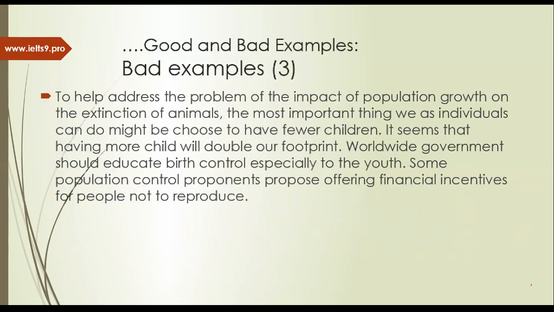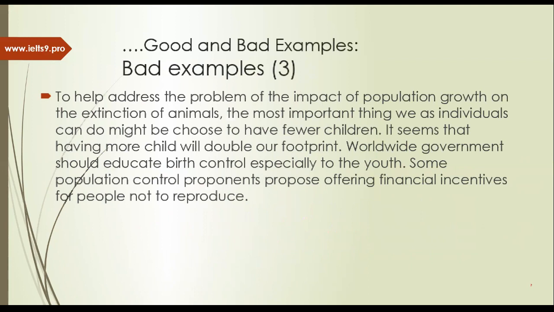Okay, now let's take a look at another bad example. To help address the problem of the impact of population growth and the extinction of animals, oh dear, the most important thing we as individuals can do might be choose to have fewer children. It seems that having more child will double our footprint. Worldwide government should educate birth control, especially to the youth.